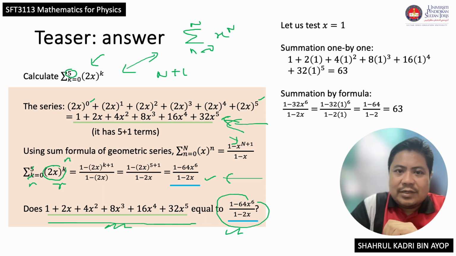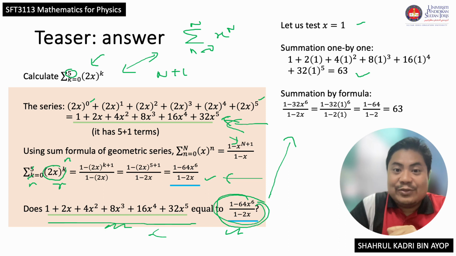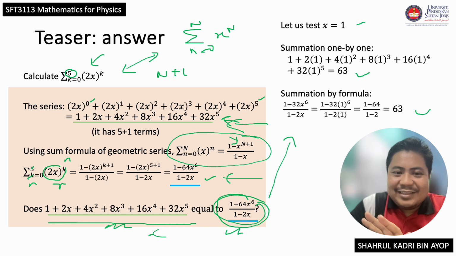So let's try the left side by putting x equal to 1: 1 times 1, and so on. Okay, so you can get 63. All right, if you use this formula and plug in x equal to 1, we will get 63 too. That means we can trust this formula.